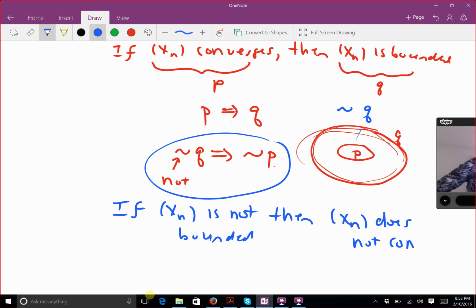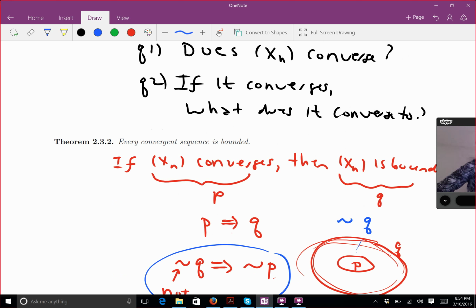Why is this so important? Because the first question I asked was, does it converge? If you know that the sequence is not bounded, you automatically know the answer to this question. It's no. So that's an important theorem.